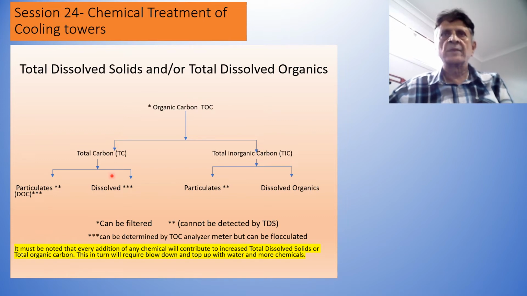You have the total carbon itself, the dissolved carbon, which is generally the colloidal solutions of carbon, or carbon particulates, that means clumps that can form because of the breakdown of some protein matter. And you have the total inorganic carbon, that means carbon associated with inorganic substances.